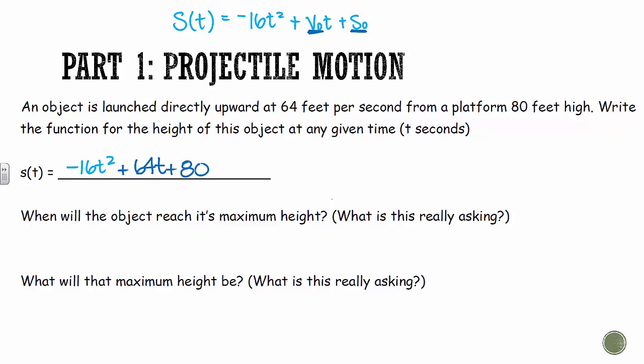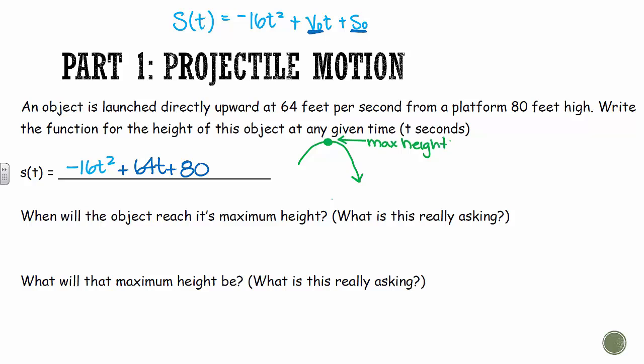So now we can ask some questions. When will the object reach its maximum height, and what will that maximum height be? So we know that this looks like a parabola. We know that something gets launched in the air and then comes back down. This point up here is max height.